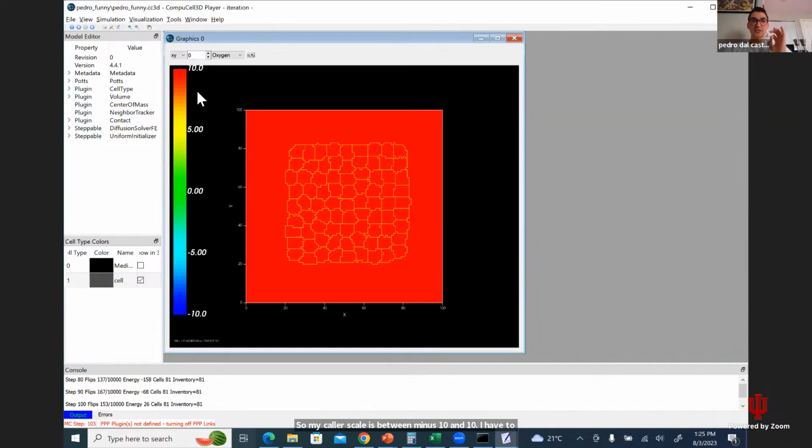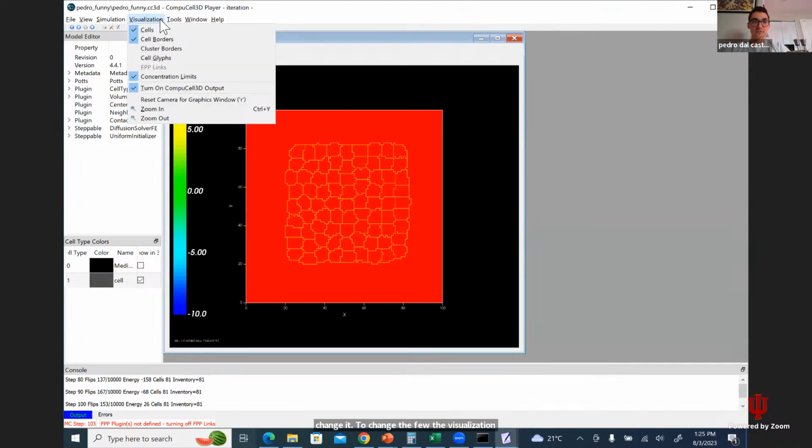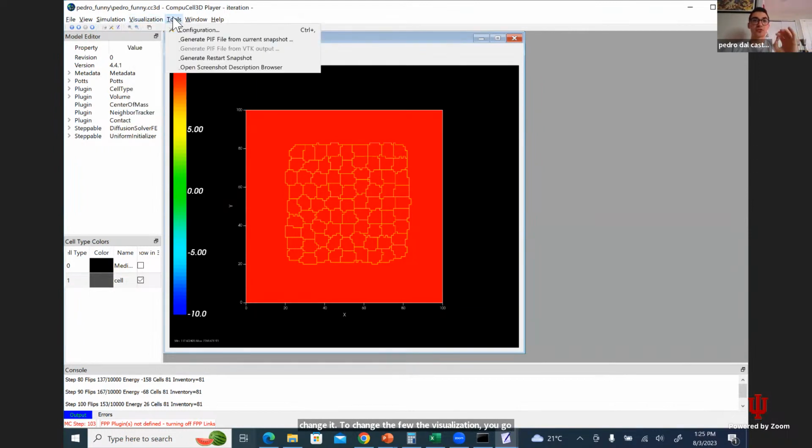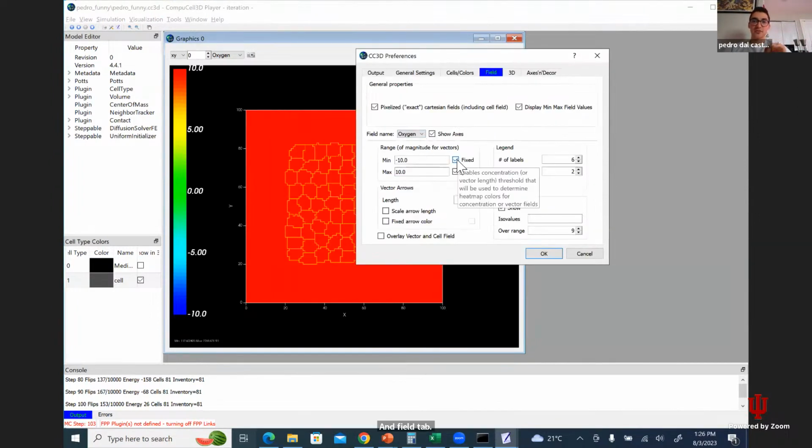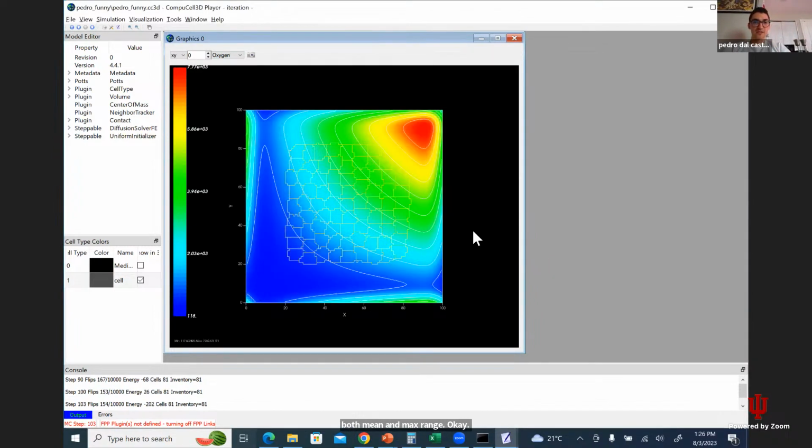To change the field visualization, you go to tools, configuration, and field tab. Okay, so in the field tab, I recommend that you unfix both min and max ranges. Okay, hit OK. It takes a while. There we go.